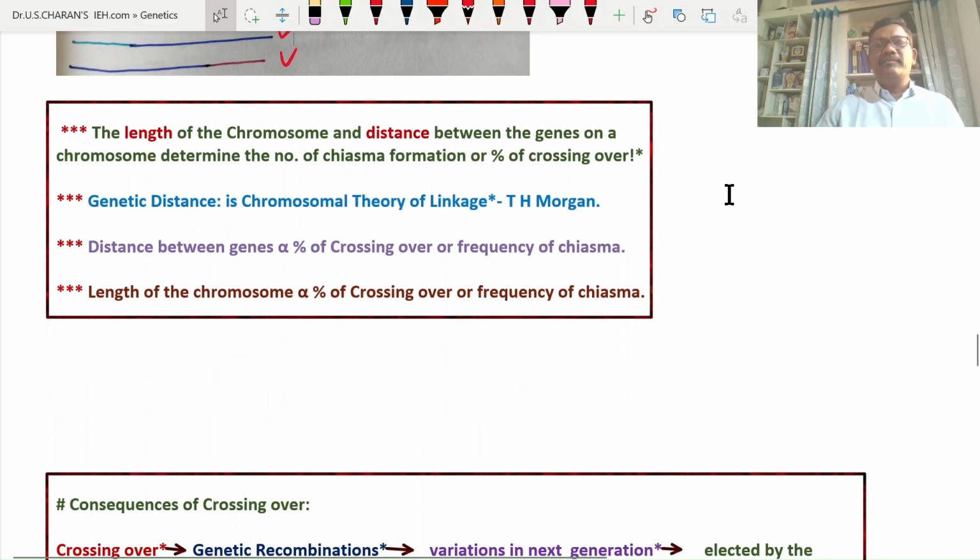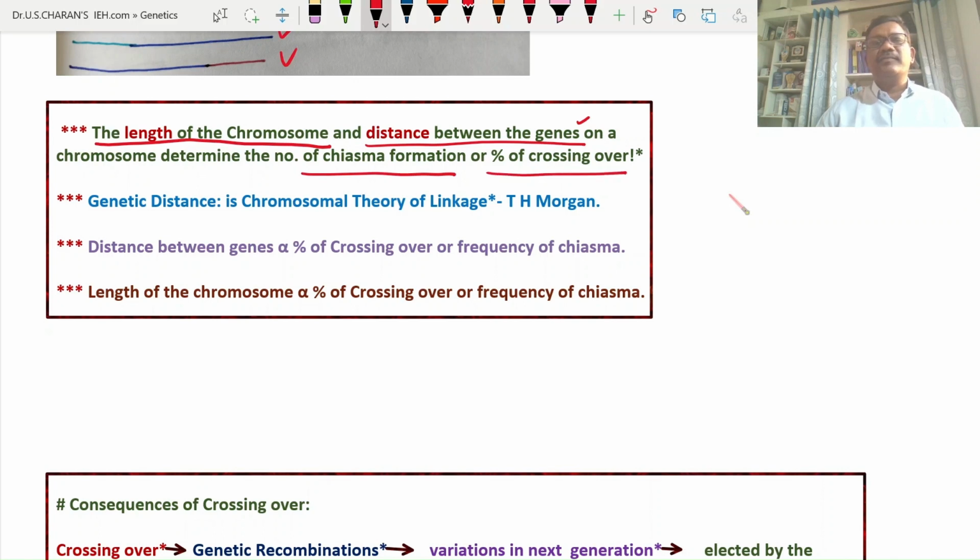Finally, they concluded that the reason for the percentage of crossing over or the frequency of chiasma formation is the length of the chromosome and the distance in between the genes. This was already told by T.H. Morgan in his chromosomal theory of linkage. So the length of the chromosome and the distance in between the genes located on one chromosome are determining the number of chiasma formation and the crossing over.